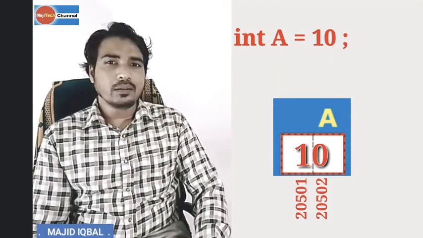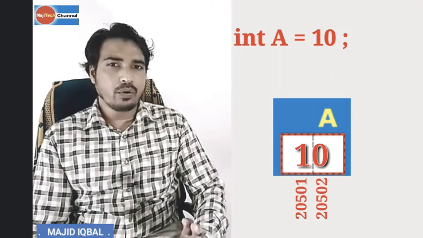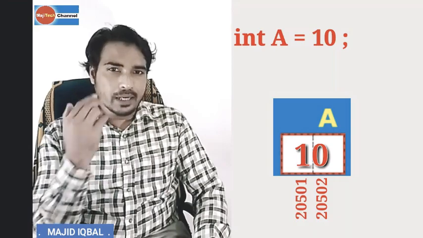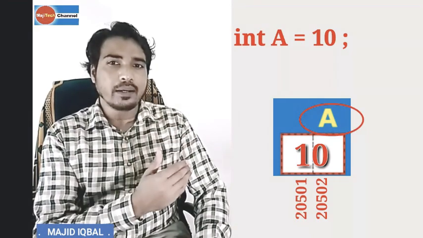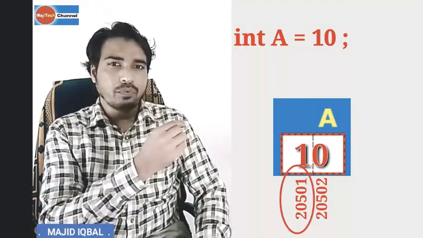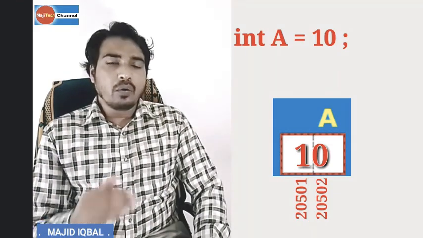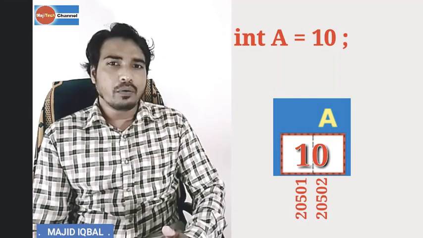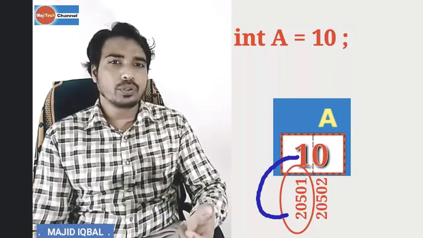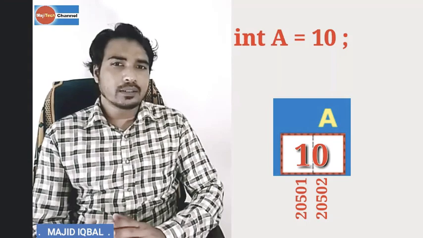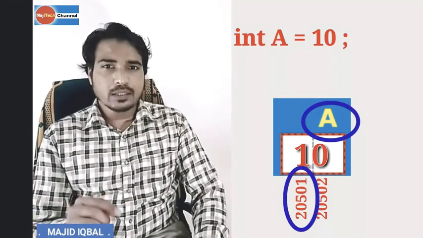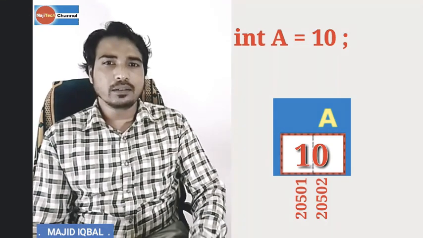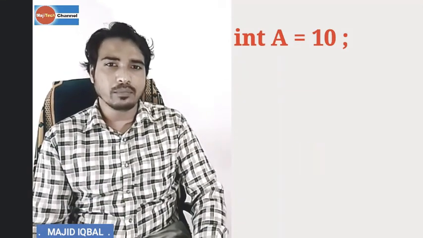Now you can see that the value of a can be indicated by two ways, by its name a and by the address. In this example 20501, we can say the value of a, or we can say the value at 20501. Both indicate the same value 10. This is just an example. Definitely the variable a will be assigned the different memory location at runtime.